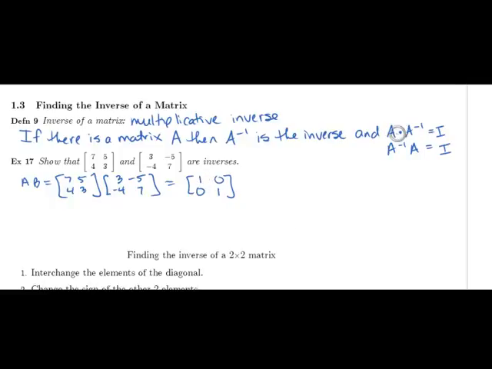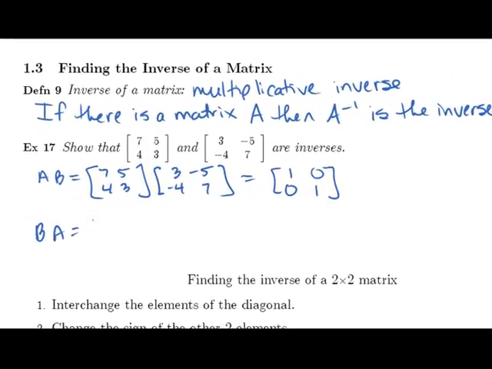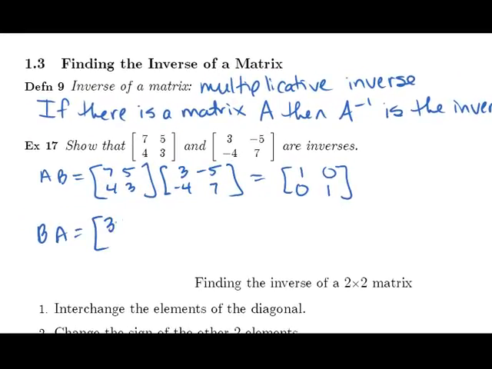Again, we need A times A inverse to be the identity. Now we have to check it the other way, B times A, so we've got 3, -5, -4, 7, and 7, 5, 4, 3.